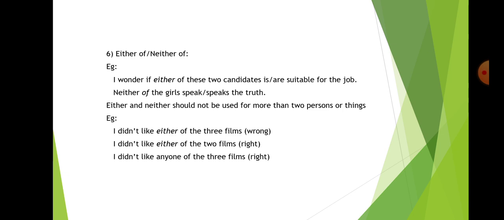For example, I didn't like either of the three films. It is wrong. So, I didn't like either of the two films. It is the right sentence. Next, I didn't like any one of the three films. It is also the right sentence.